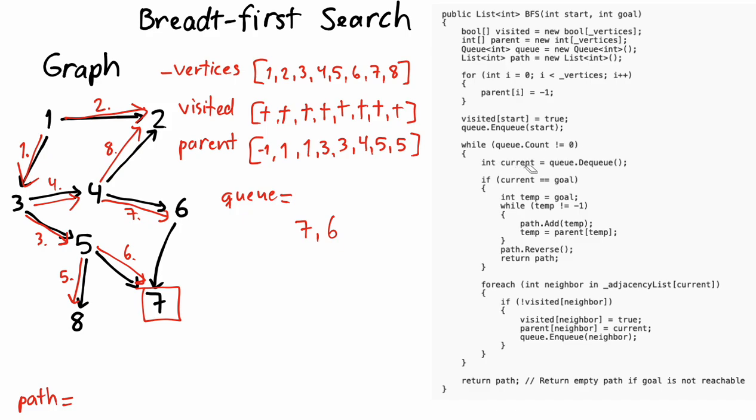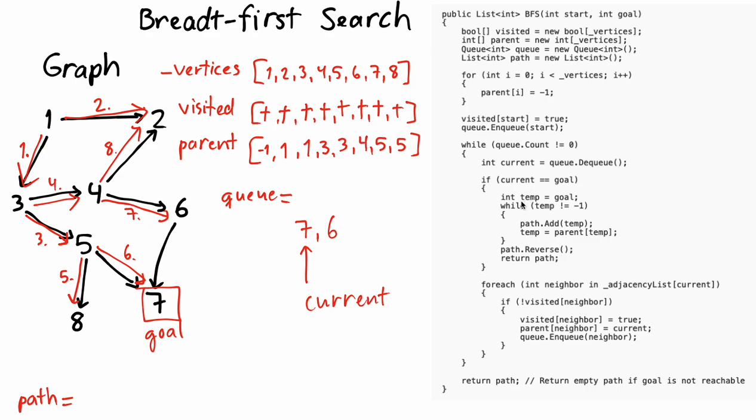And we start doing this one. So we set that 7 is our current node. And now we find that our current node is the goal node because this is our goal.